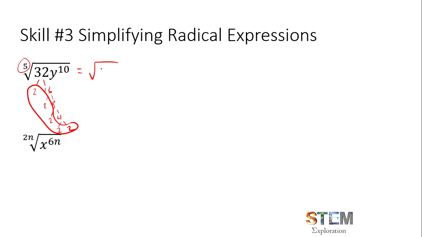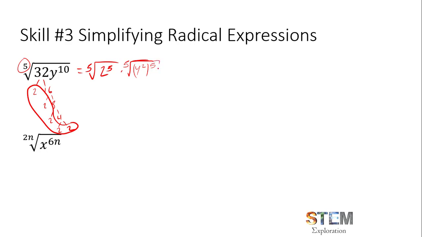So the 5th root of 32 is 2 to the 5th power, or the 5th root of 2 to the 5th power. And one of the things that we can do is take the 5th root. Y to the 10th power would be the same thing as y to the 2nd power taken to the 5th power.